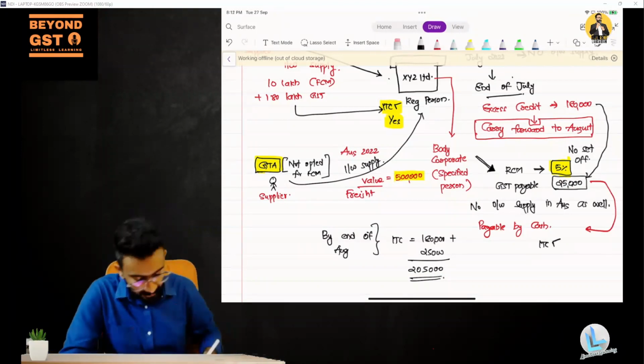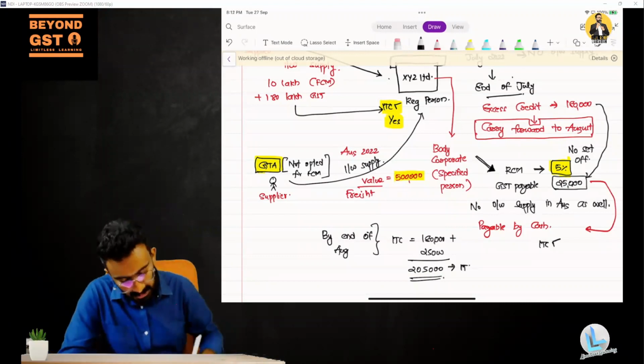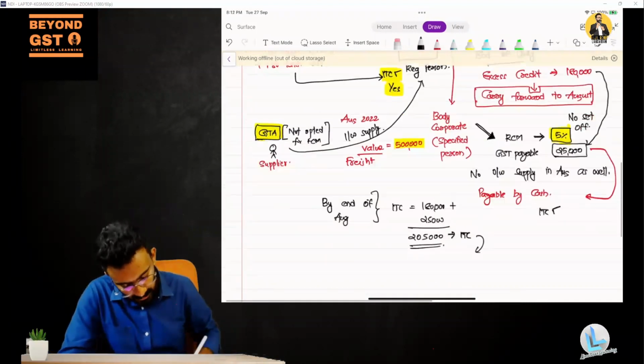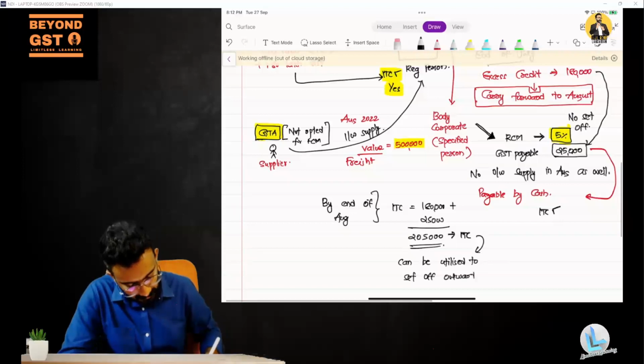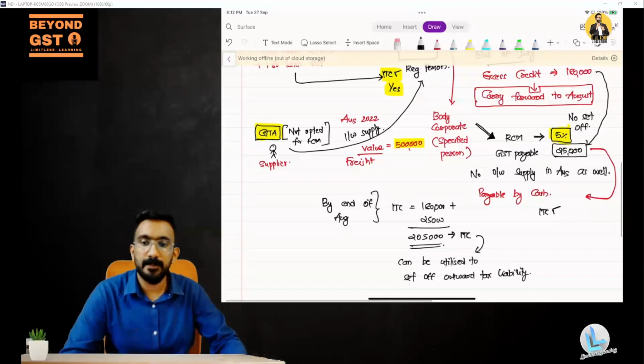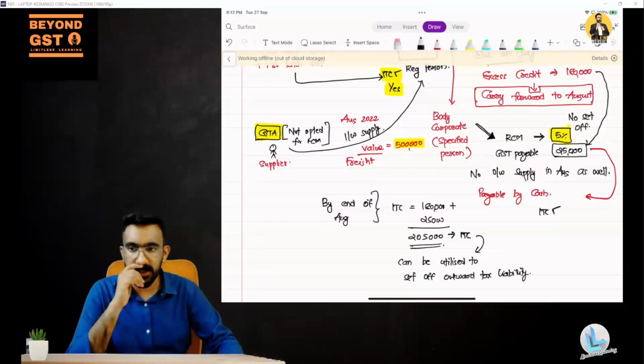This 2,05,000 of ITC can be utilized to set off outward tax liability. Understanding? Is it clear, everyone? Can I have a quick yes if this concept is clear?